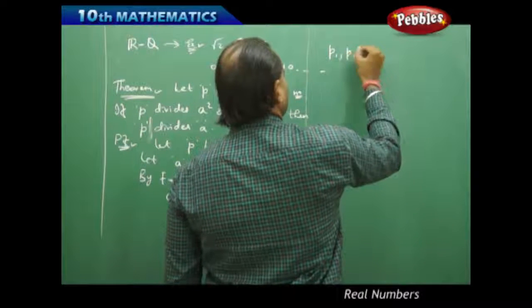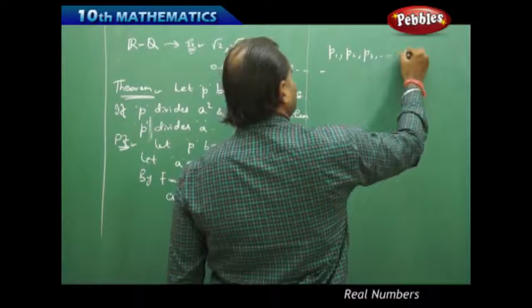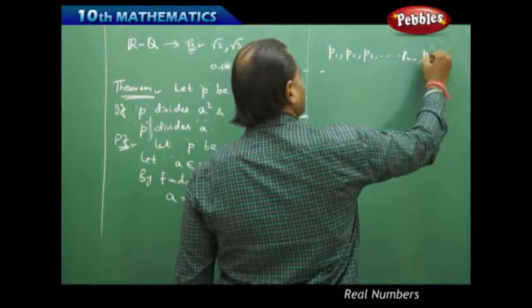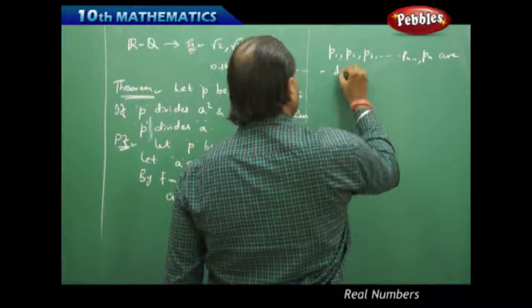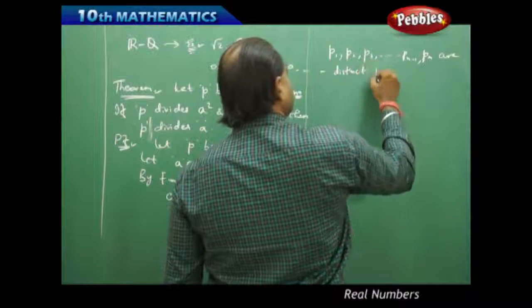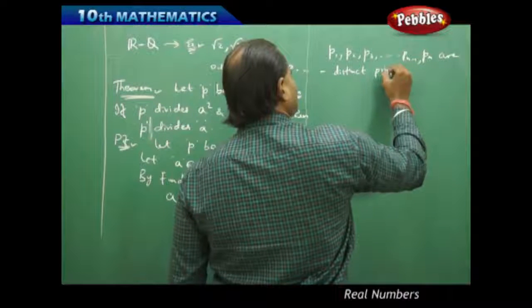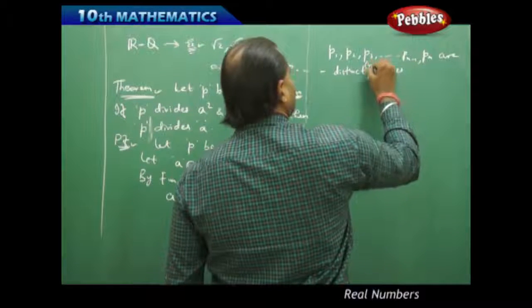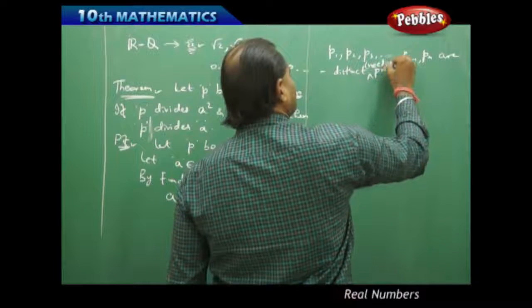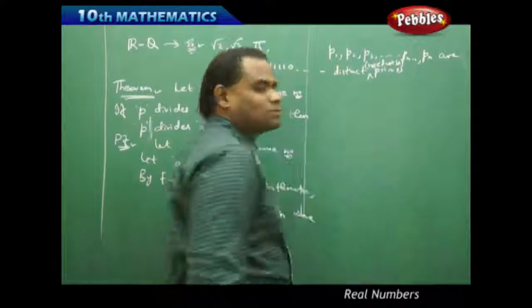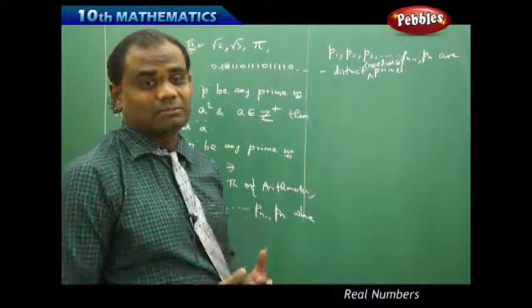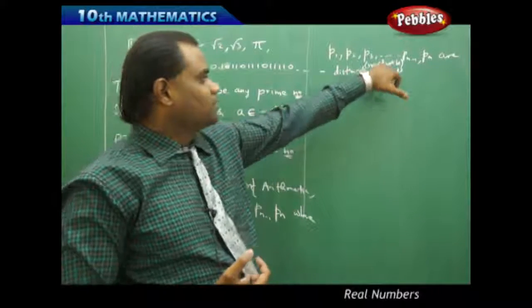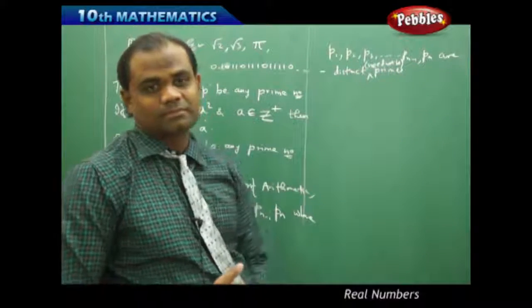So p1, p2, p3, pn minus 1, pn are distinct or need not be distinct primes, because sometimes they repeat.